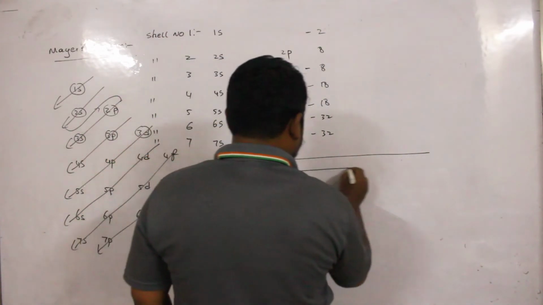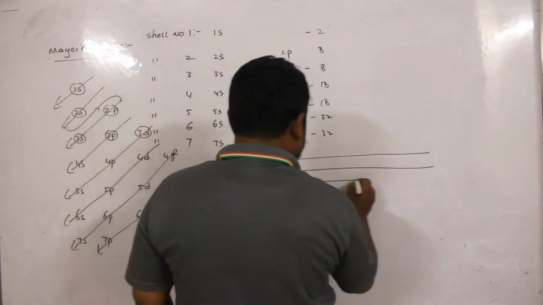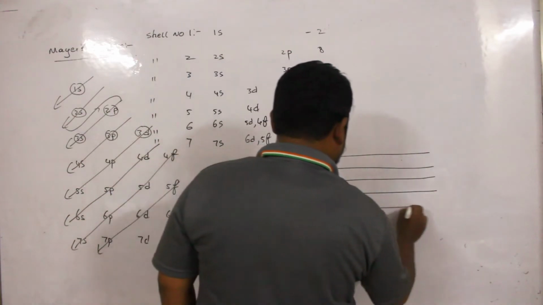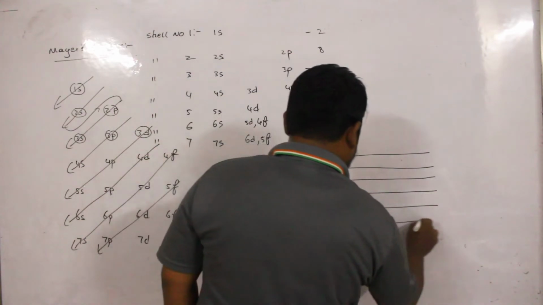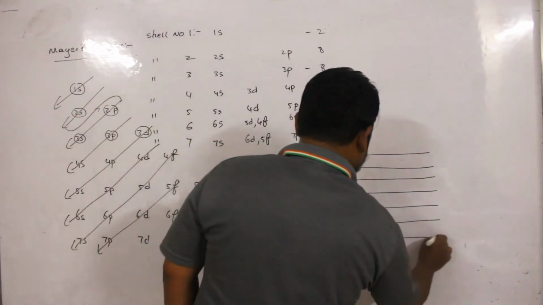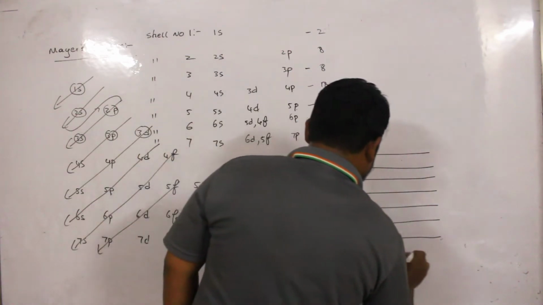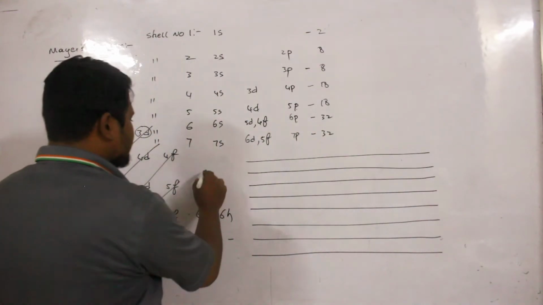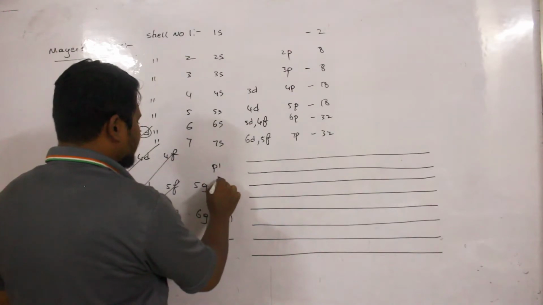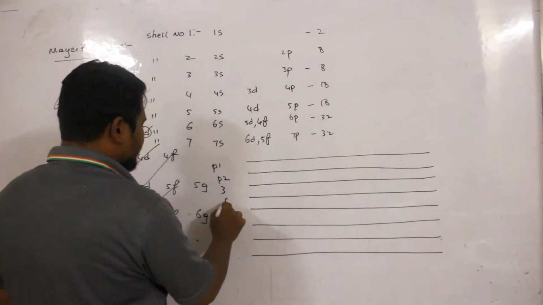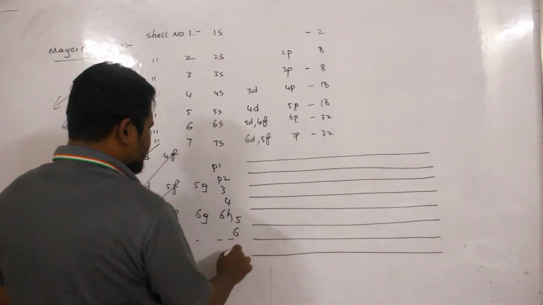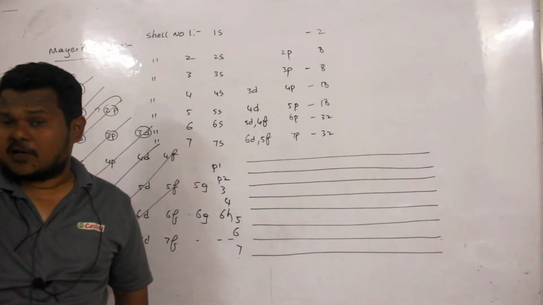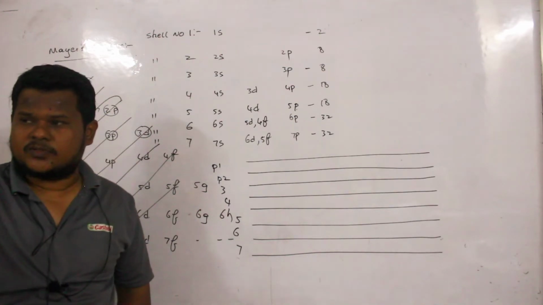So this is the first period, 2, 3, 4, 5, 6 and 7. Totally 7 periods we have drawn. Now in addition to 7 periods, how many columns should be there? 18 columns should be present.